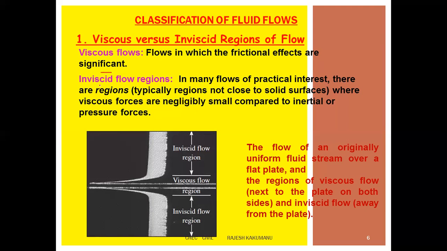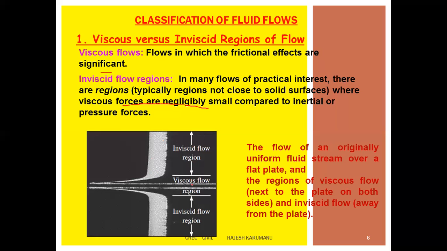What are the inviscid flow regions? In many flows of practical interest, there are regions where the viscous forces are negligibly small compared to the inertial or pressure forces, right? If you see the figure here, in the inviscid flow region the flow is somewhat strong, thick here.